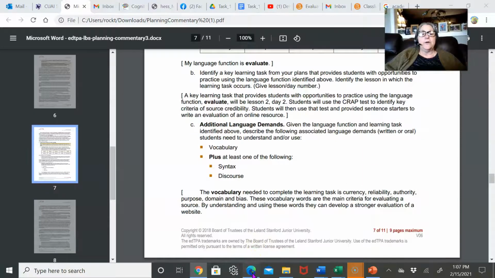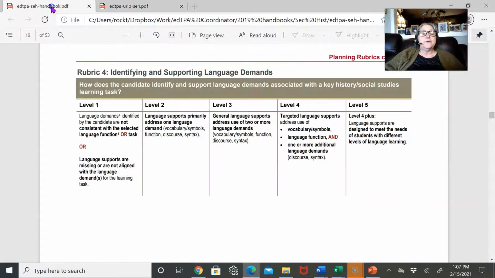But I want to just real quick refer us to a handbook. Everybody's academic language handbook is very similar, except for early childhood and for SPED. And I think the school librarian is a little bit different.